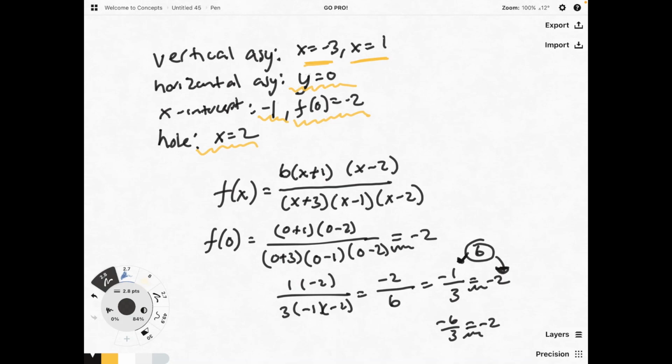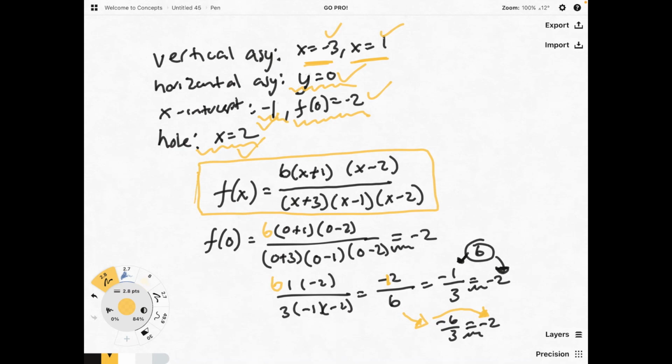If we're solving at 0 here, and now we have the 6 that's out in front, everything stays the same, except when we get into this step, instead of it being -2, it's going to be that -12. -12 divided by 6 reduces down here, which is actually that -2 that we were looking for. And again, all of these values that were given are satisfied, and therefore this is our equation.